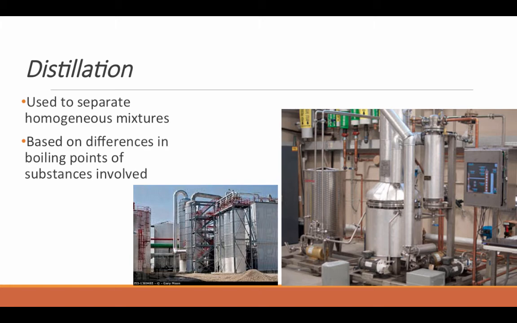Generally when you have liquids mixed together, and this is really interesting, it's based on different boiling points. If you have 2 liquids mixed together that have different chemical properties, different intrinsic properties, you can heat up the mixture to reach the boiling point of the substance that you're trying to remove, but not the substance that you don't want, or vice versa.